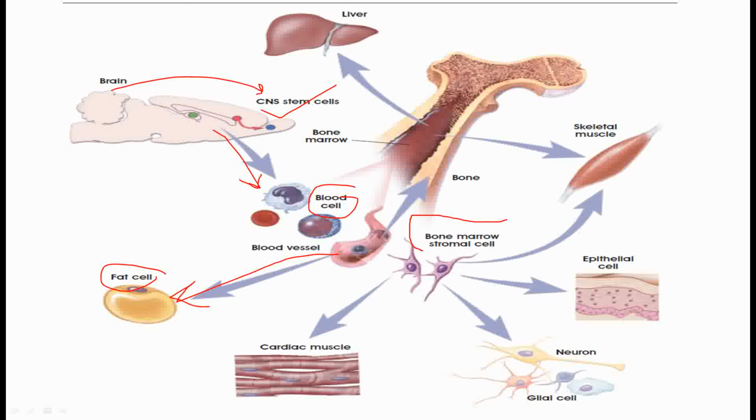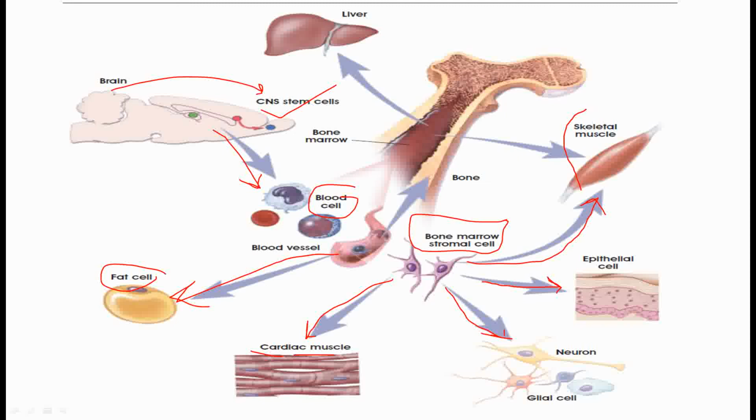Here these are bone marrow stromal cells. These bone marrow stromal cells can give rise to cardiac muscle. Further, they can also differentiate into skeletal muscle cells, epithelial cells, and neurons.